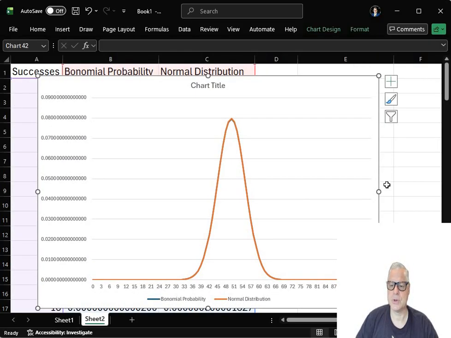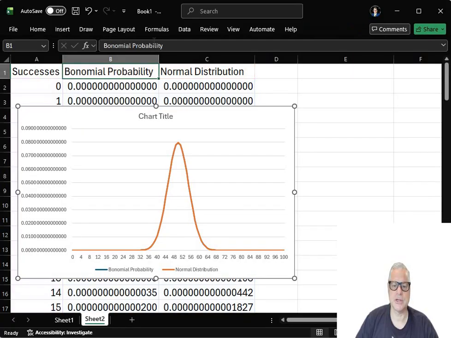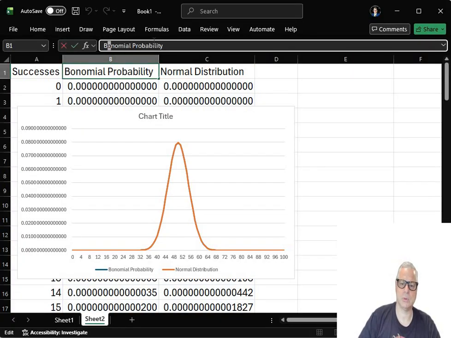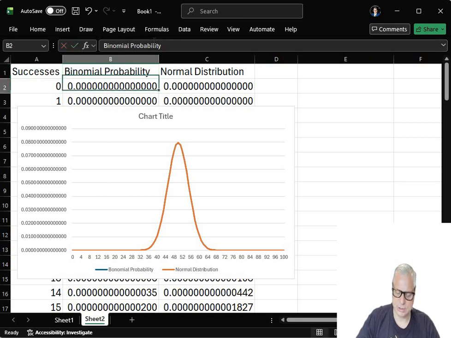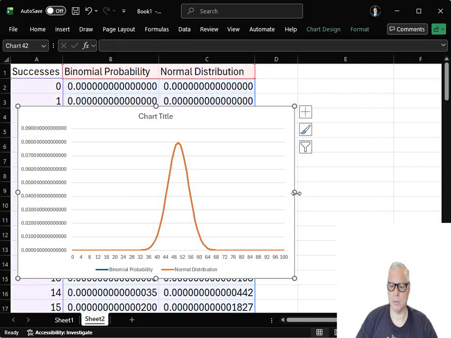Okay, so that actually shows that we can use the normal to approximate the binomial.